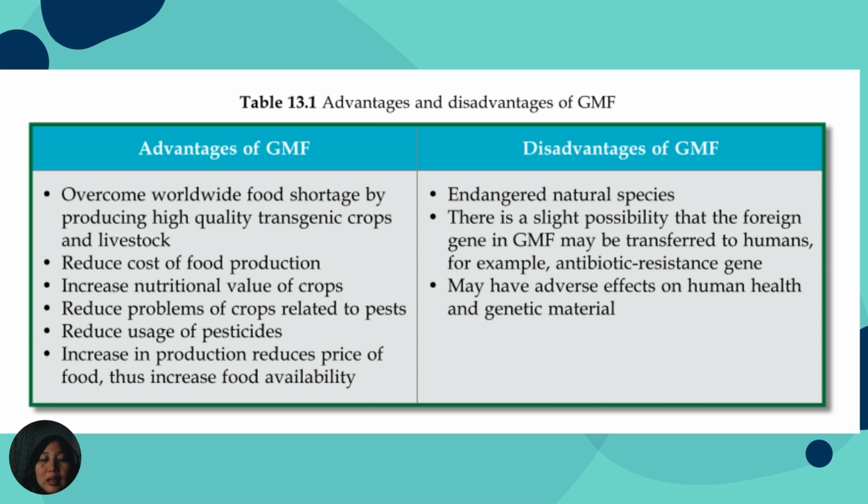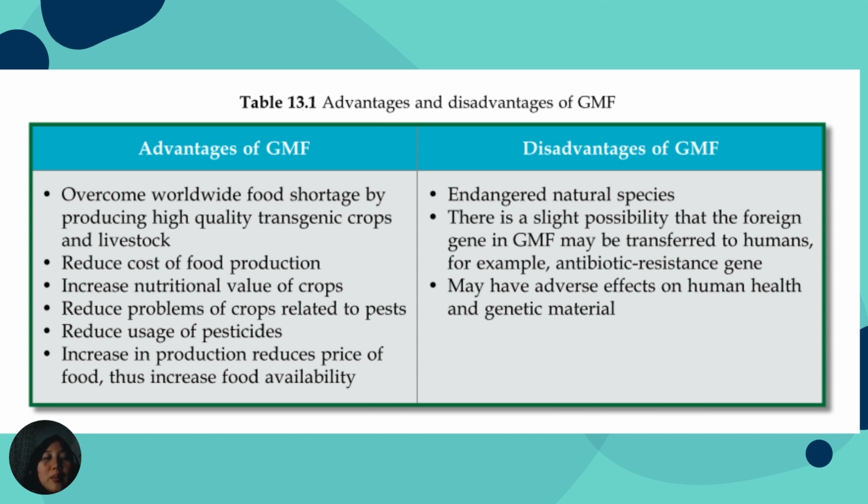Kita mahu tumbuhan tu dia boleh menghalang haiwan perosak and all that. Okay, reduce usage of pesticide. Jadi kalau secara genetik kita boleh halang daripada haiwan perosak, jadi kita boleh mengurangkan penggunaan pesticide. Okay, racun perosak lah. Racun untuk elak haiwan perosak.